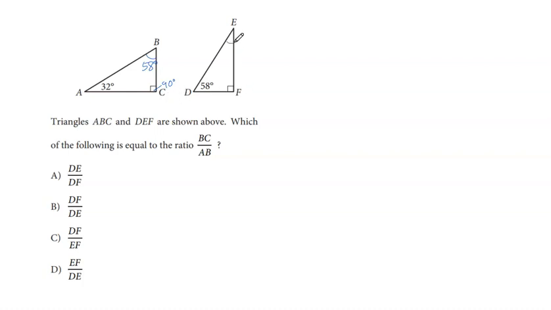And then in the second one, this is going to be 32. Same idea. The total internal angle here is going to be 180 degrees, and since this one is 90 degrees, that's how we get it to be 32 degrees.